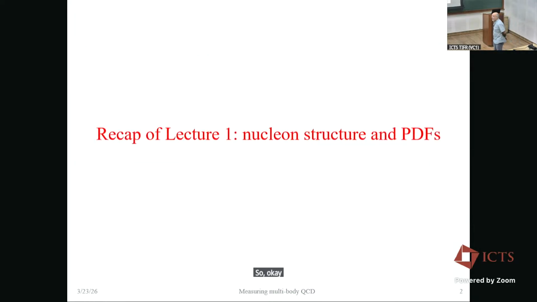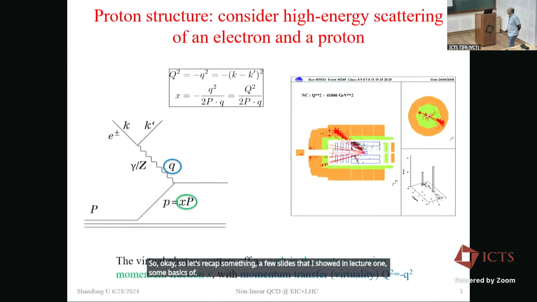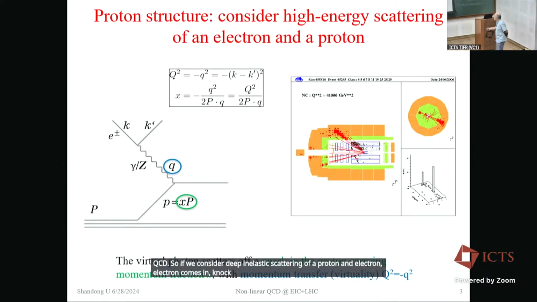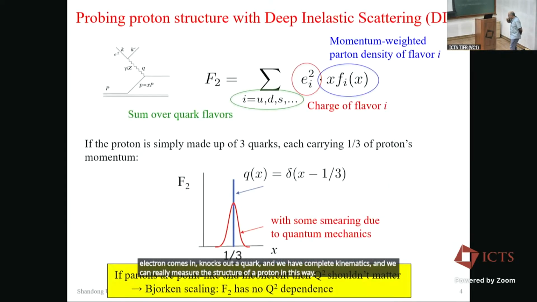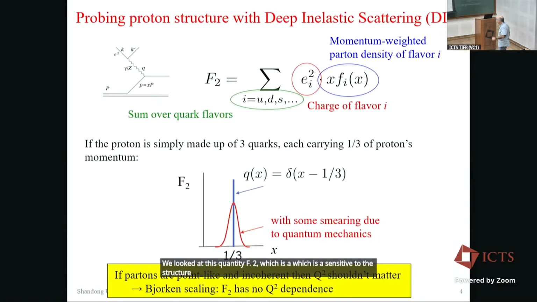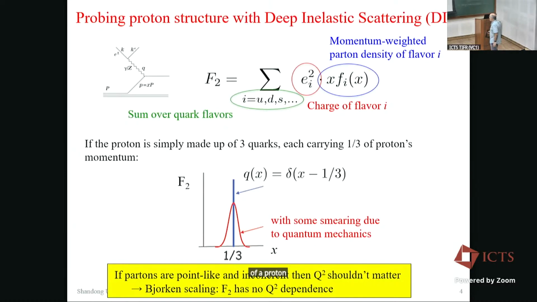Okay, let's recap a few slides that I showed in lecture 1, some basics of QCD. If we consider deep inelastic scattering, an electron comes in and knocks out a quark from a proton, and we have complete kinematics, so we can really measure the structure of a proton in this way. We looked at this quantity F2, which is sensitive to the structure of a proton, is measurable and is calculable.